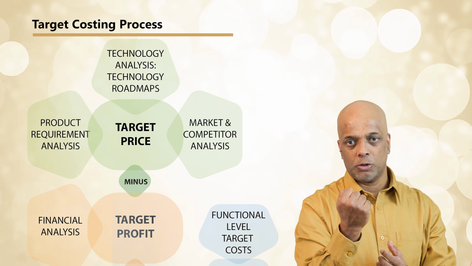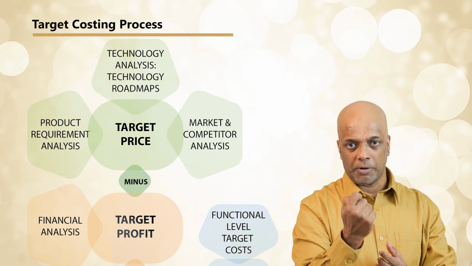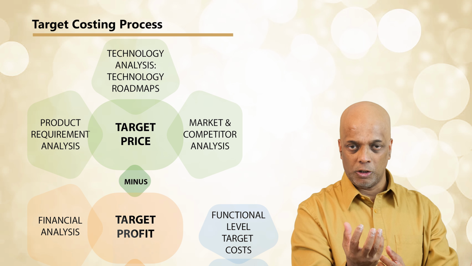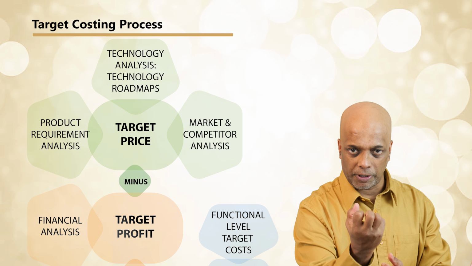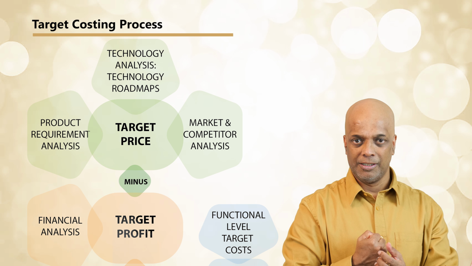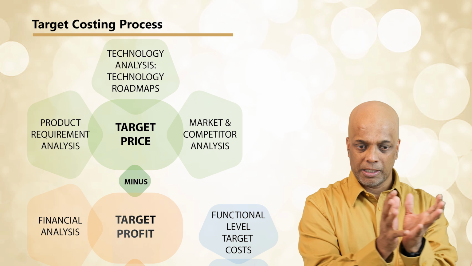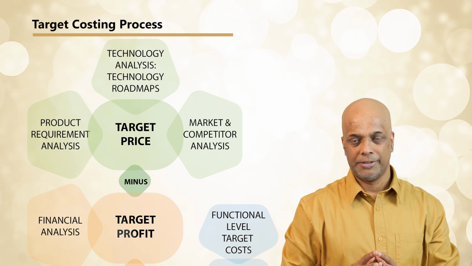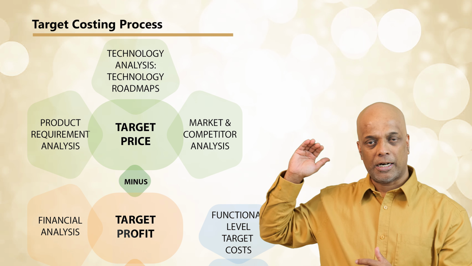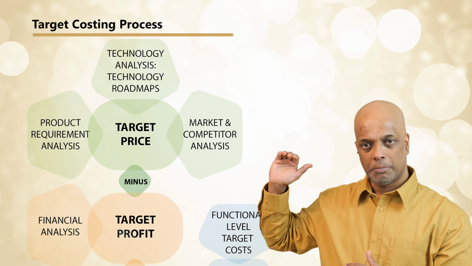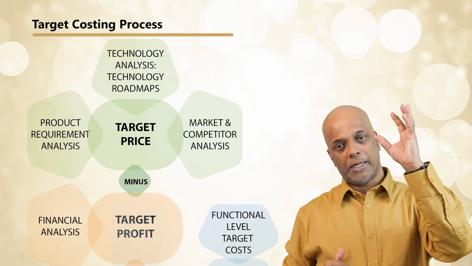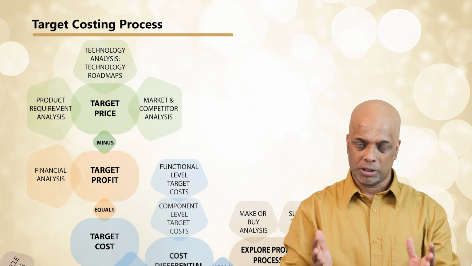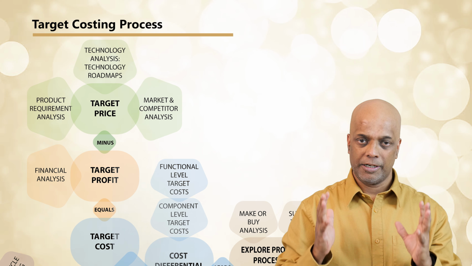And ultimately, what target profit, what target margin, do we have to incorporate into this particular product? And that target profit comes from a financial analysis. So when you deduct your target profit from the target price, you have your target cost, the product level target cost.